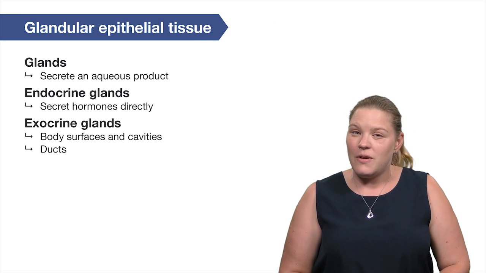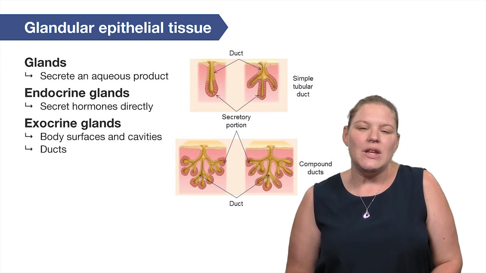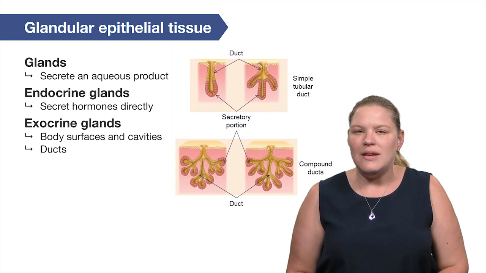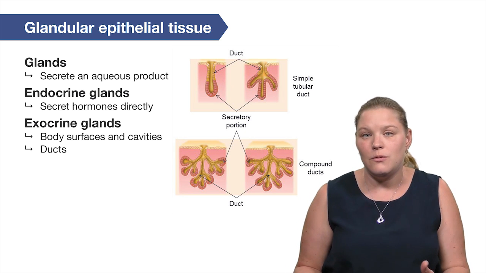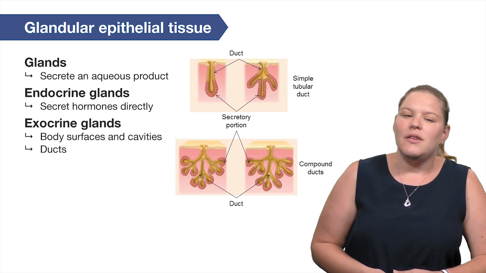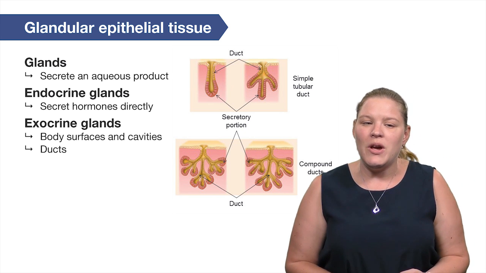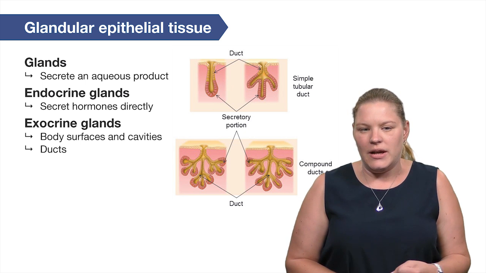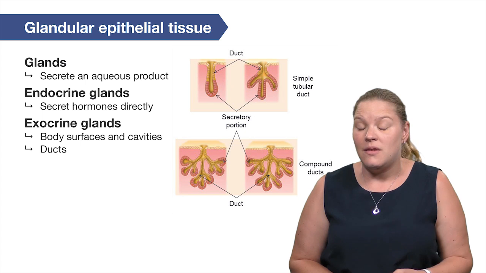So that brings us to the final one, which is glandular epithelial tissue. So we have a number of glands within our body that secrete aqueous substances. So they're substances in an aqueous or fluid. So we have endocrine glands, and these are involved in the secretion of hormones, and we have exocrine glands, and so these are involved in the secretion of substances such as enzymes.